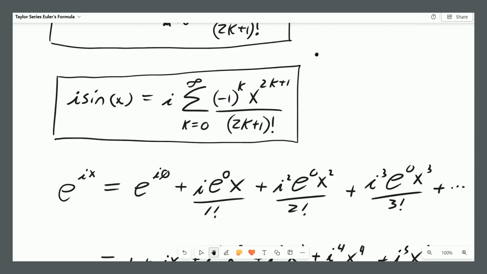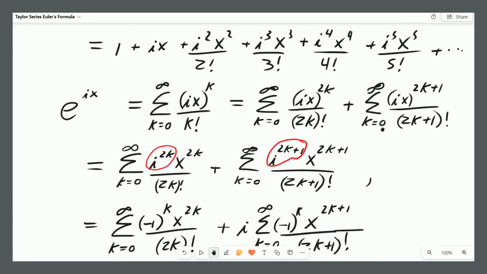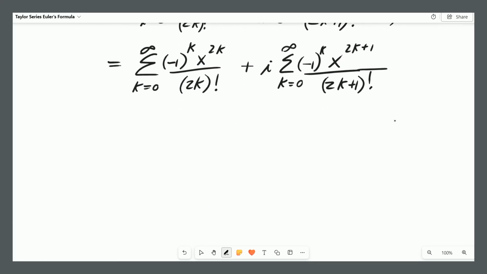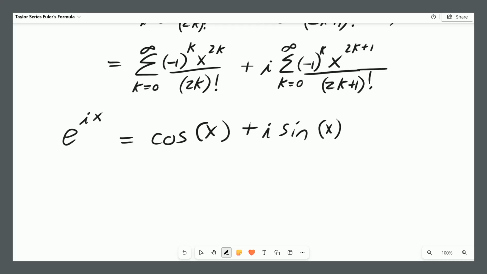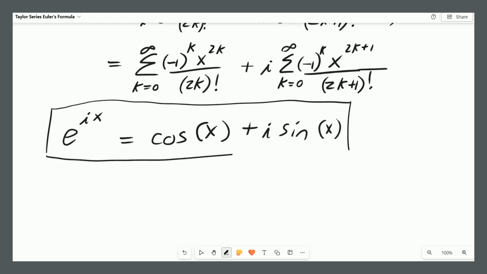So what we've just shown is that e to the power of ix equals the cosine of x plus i times the sine of x. Euler's formula, proven using the Taylor series.